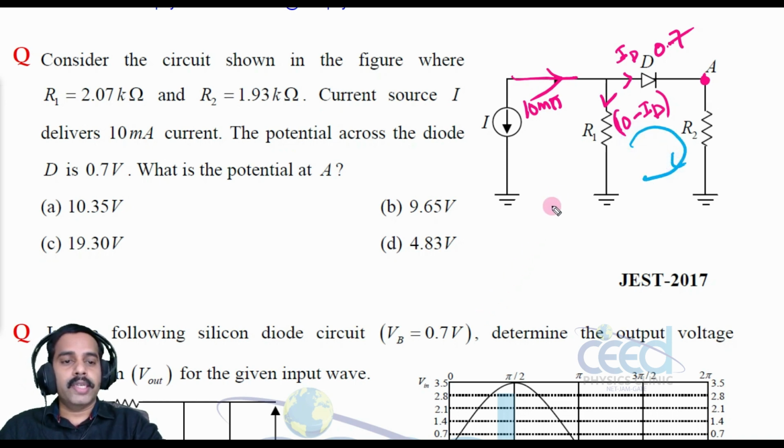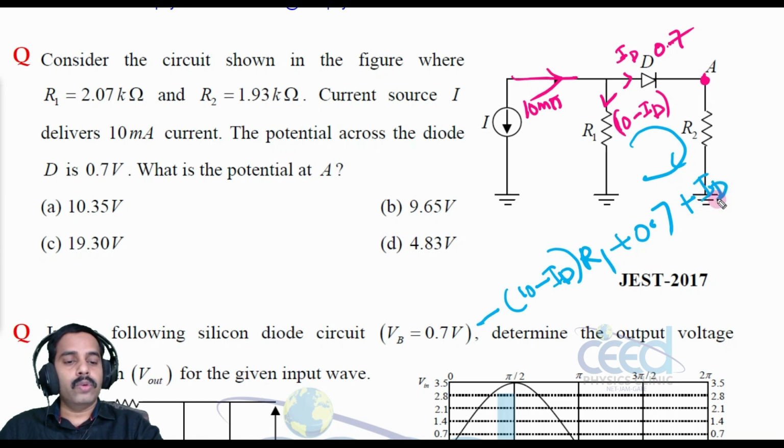So I am considering this loop. Here the current is in the reverse direction, so minus (10 minus ID) into R1. Here the current is in the same direction, so 0.7 plus ID into R2 is equal to 0.